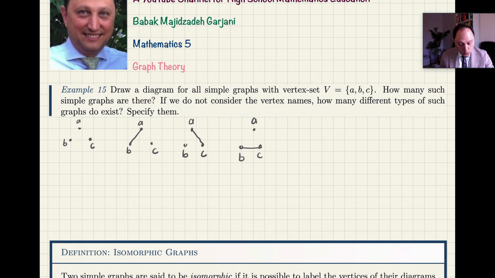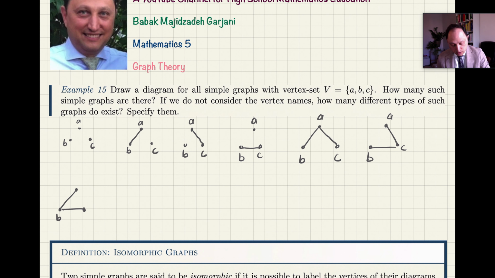And now let us go with 2 edges. I can choose A to B and A to C. This is one possibility. I can choose A to C with B to C. This is the second possibility. And then I can choose A to C, A to B. This is another possibility.